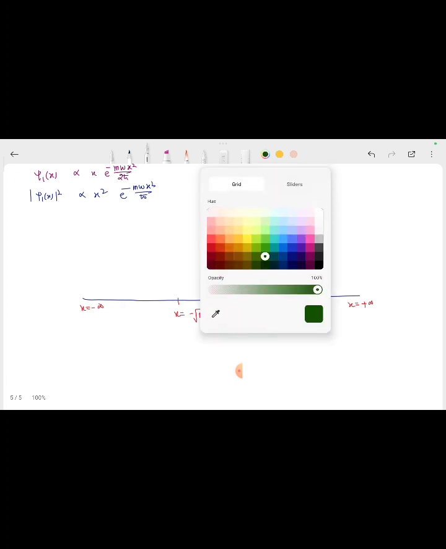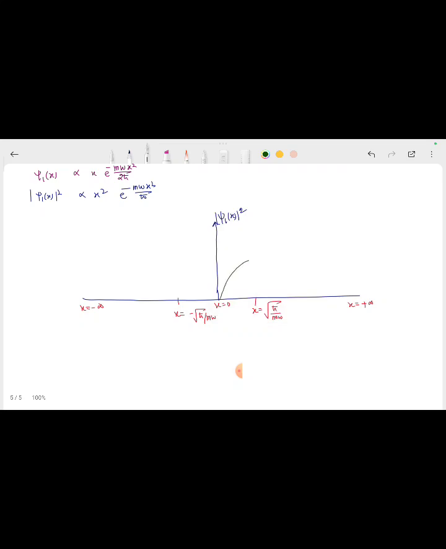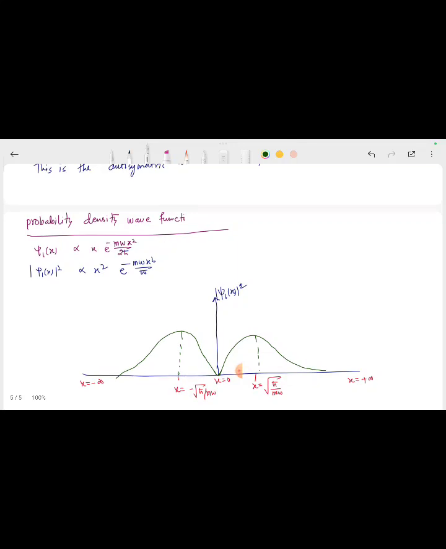For both cases, please draw it in the proper way. This is the probability distribution function representation.